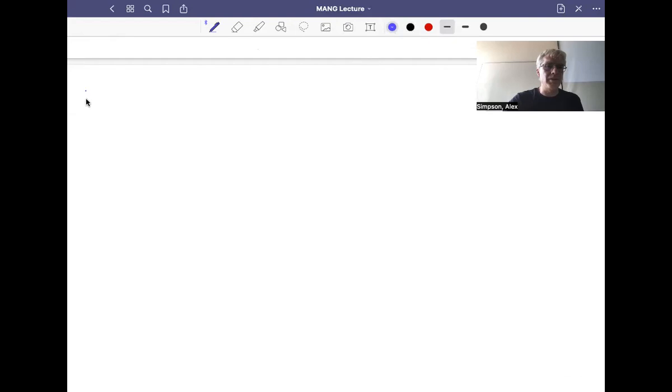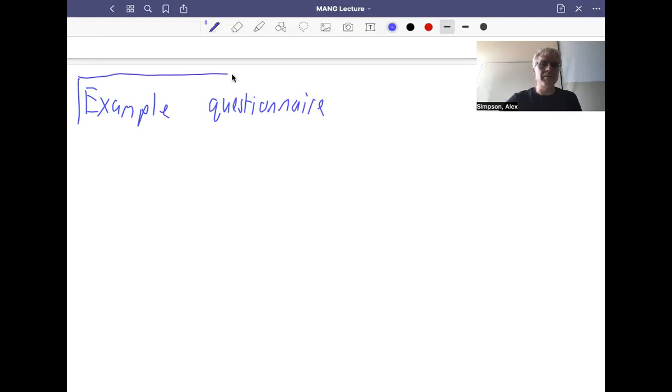So here's an example questionnaire, and it's a made-up questionnaire. I could have used a real world one that I could have found on the web, but anyway, here's an example made-up questionnaire. The sorts of questions, everyone I'm sure will have filled in questionnaires from time to time, been surveyed in one way or the other.